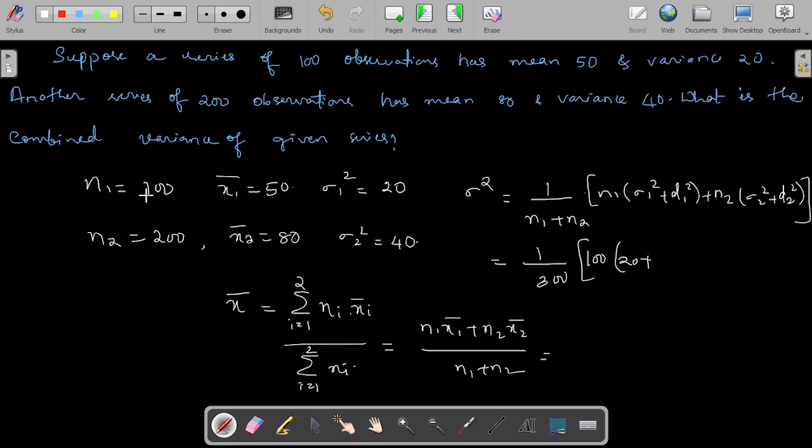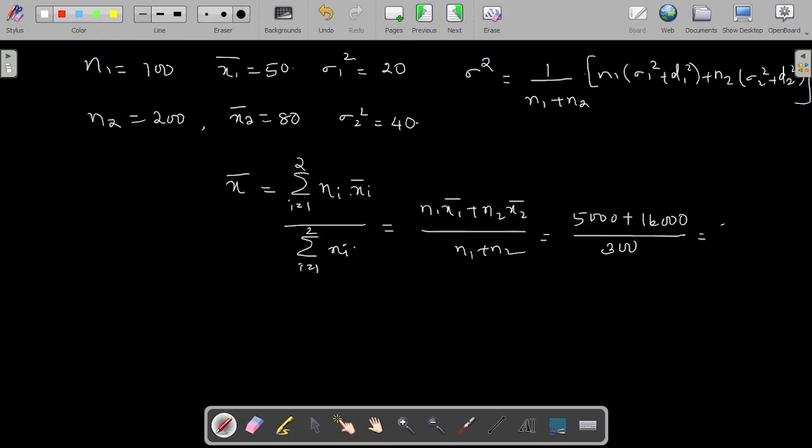So n1 x1 bar is 100 into 50, that is 5000, plus n2 is 200 into x2 bar 80, which is 16,000, divided by n1 plus n2, which is 300. So this gives you 21,000 divided by 300. Two zeros will cancel, which is equal to 70.